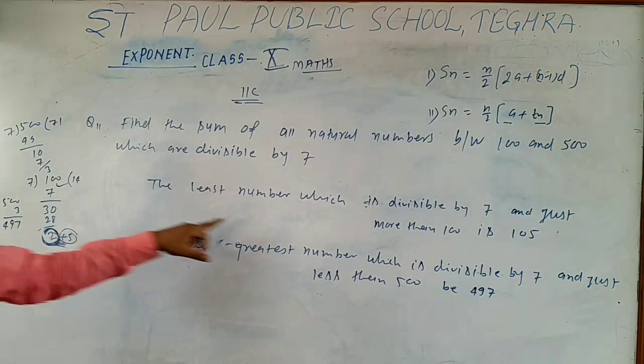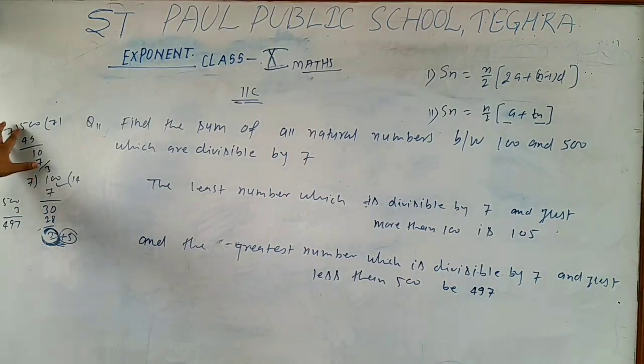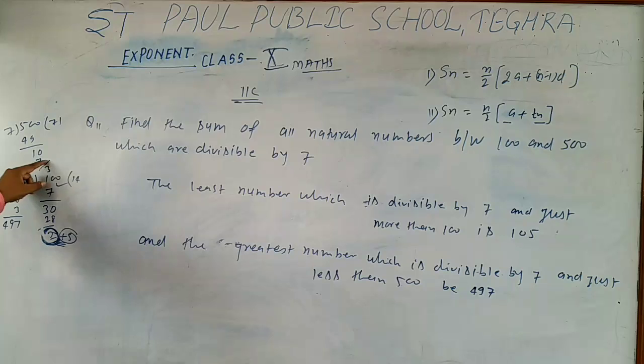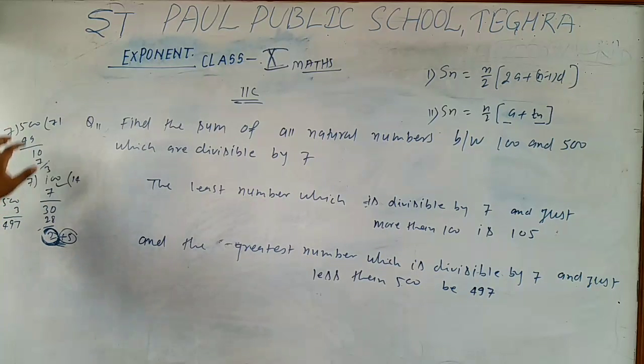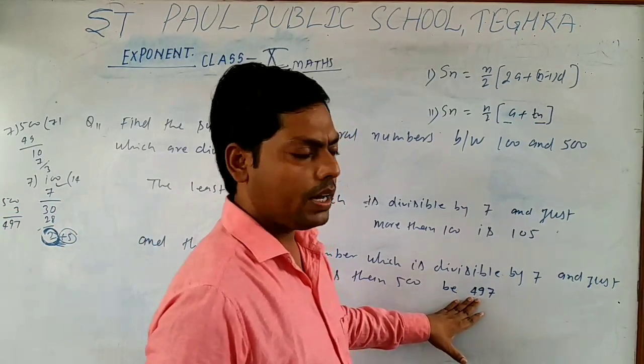This number becomes 105. And we divide 500 by 7; the remainder is 3. So we subtract 3 from 500, and we get the largest number, 497.